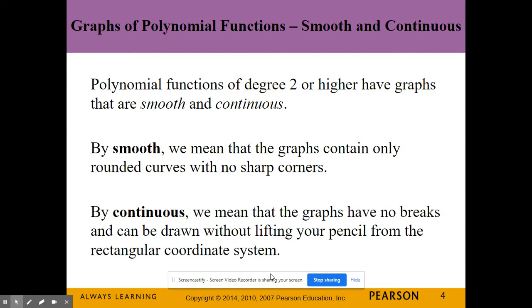By continuous, we mean the graphs have no breaks and can be drawn without lifting your pencil from the rectangular coordinate system. So again, a quadratic function is continuous. There is no breaks in that parabola, right? And same with any other polynomial function. Anything that would have a break in it would not be a polynomial function. It would not be continuous.